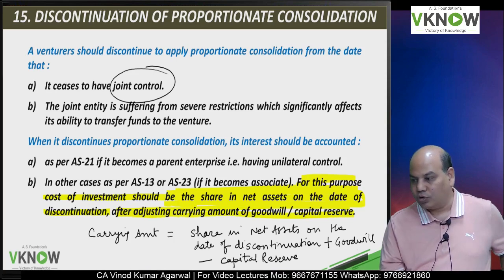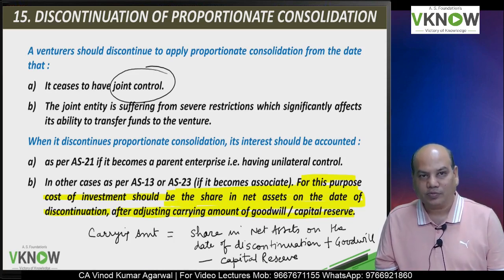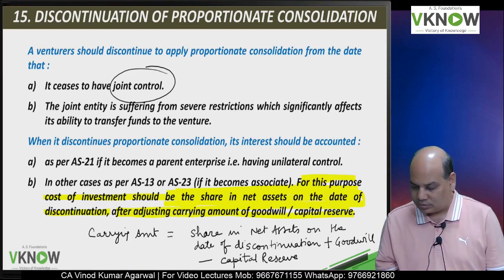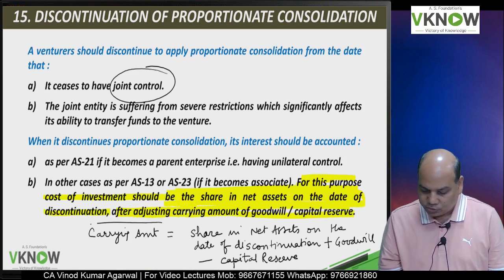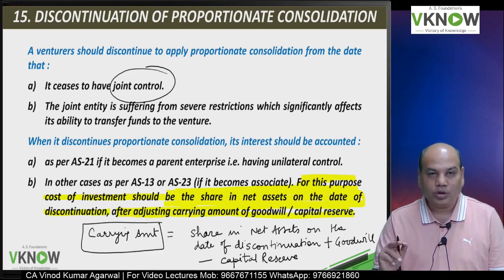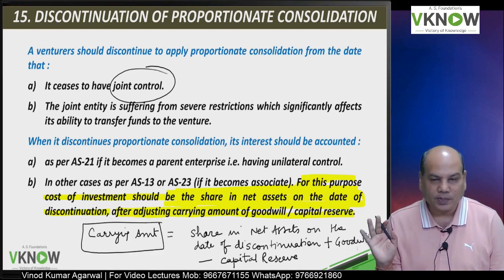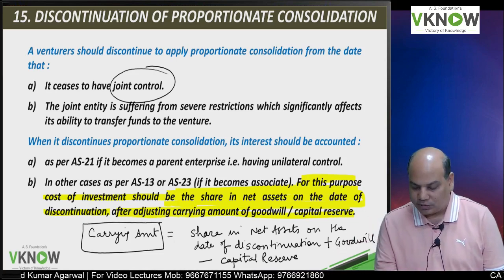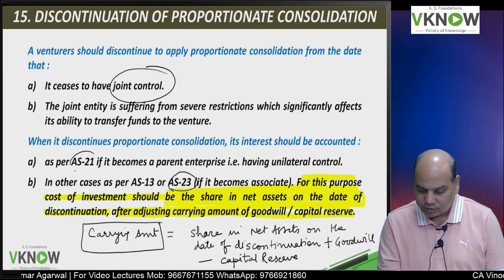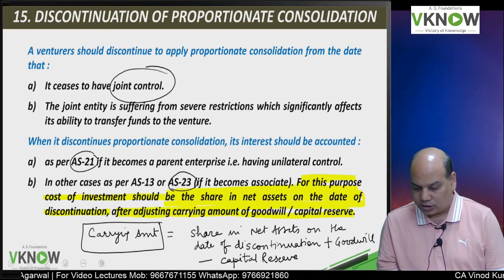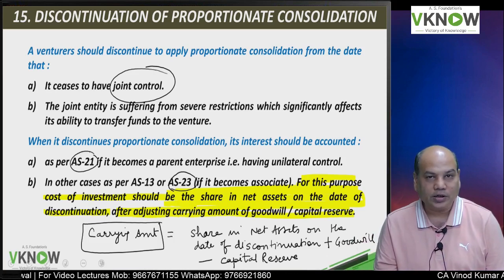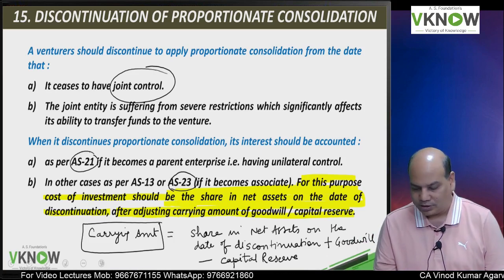If goodwill is there, add goodwill; if capital reserve is there, minus capital reserve. This will become the new carrying amount for the further application of AS 23 or AS 21, or AS 13 in the consolidated financial statement.